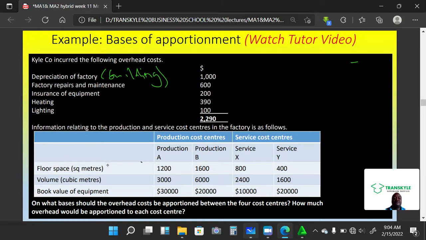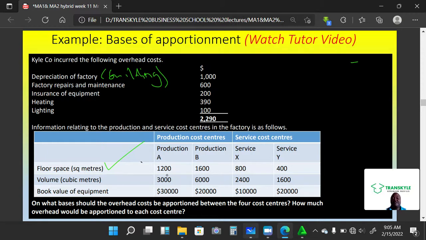Even if it's the equipment inside, usually equipment might end up confusing us, so let us just consider it as a building. So the floor space is actually a fair basis.